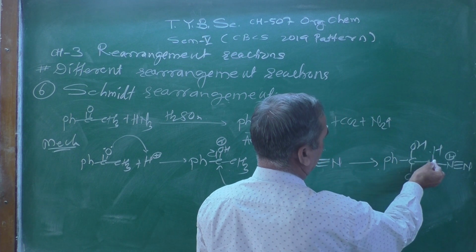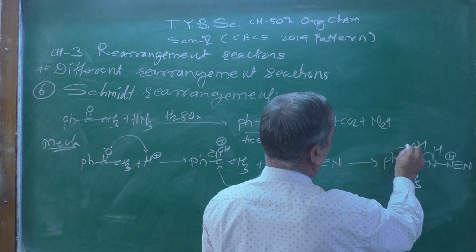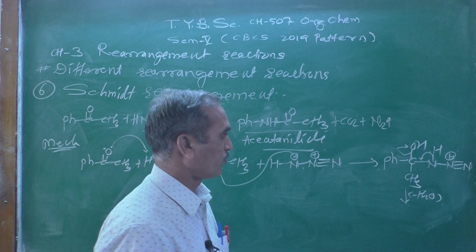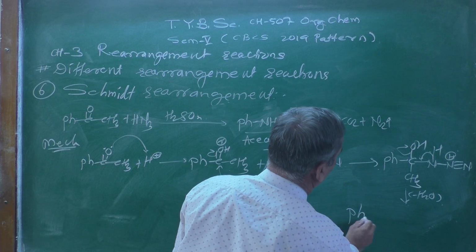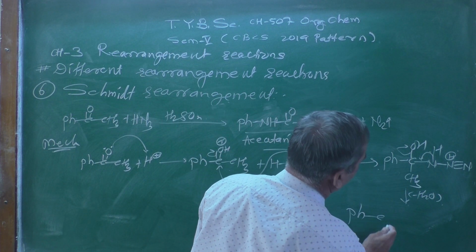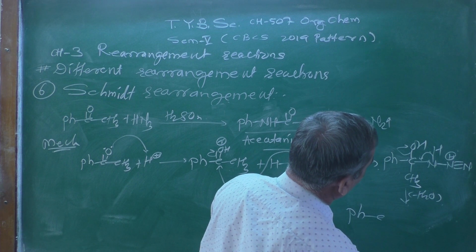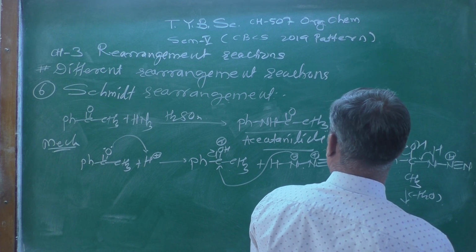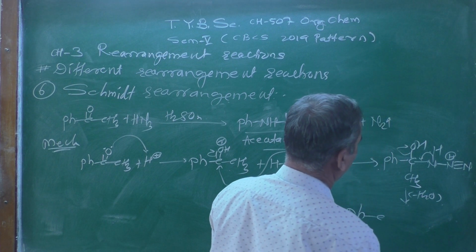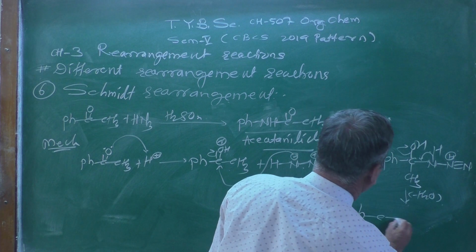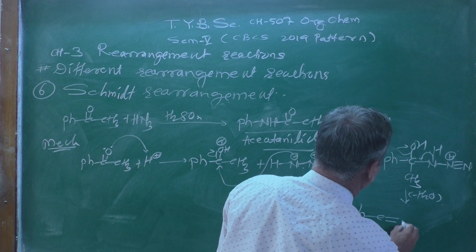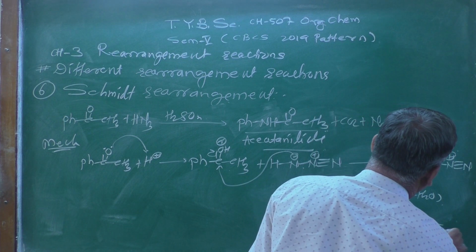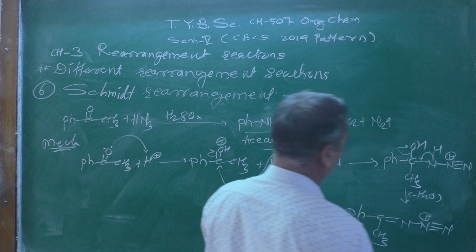Once again an elimination of a water molecule takes place here. H2O gets evolved during this process, and you will get Ph, C double bond N, CH3, then N triple bond N positive charge over here.